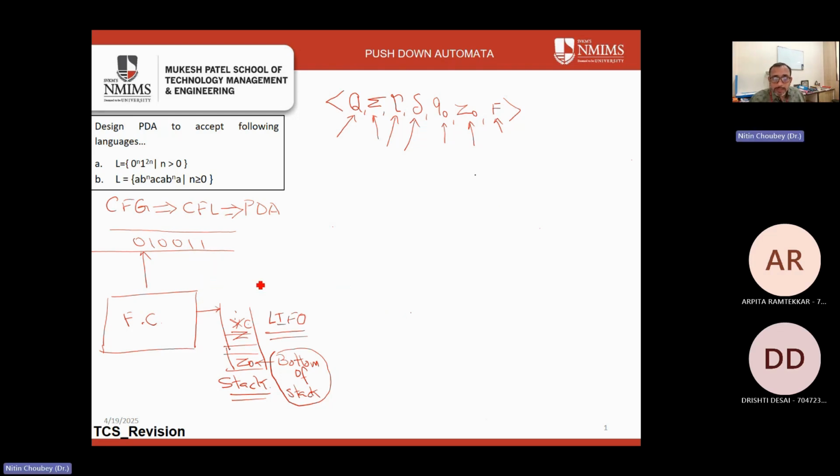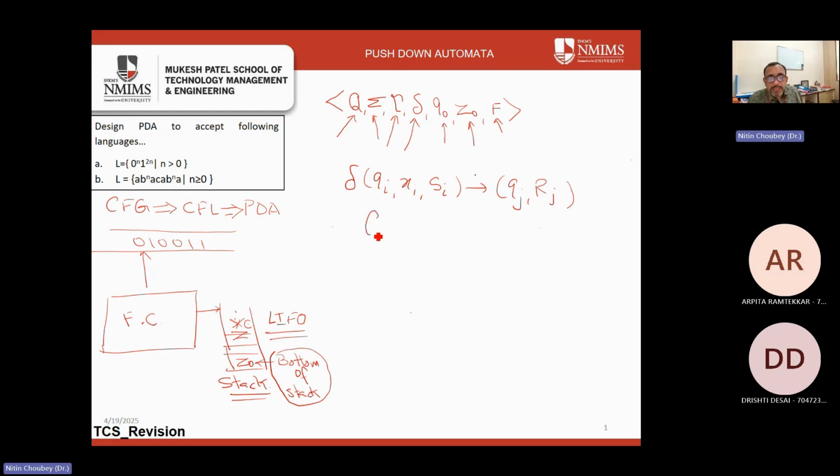We have recently seen in the previous slide that the way to write delta for PDA is like this: delta of Qi, Xi, Si gives Qj, Sj, right?